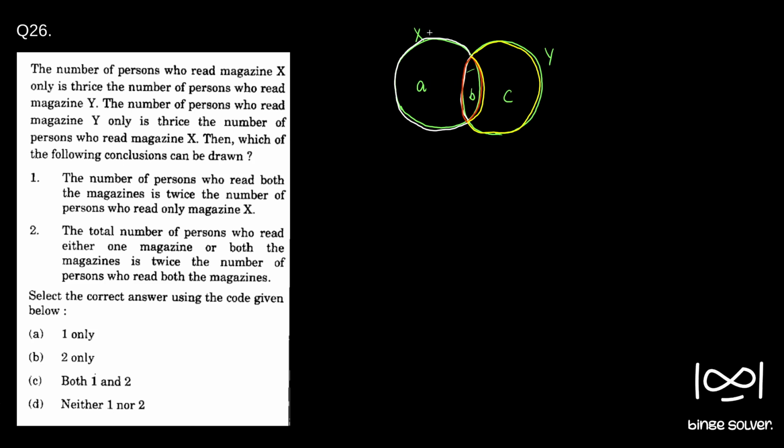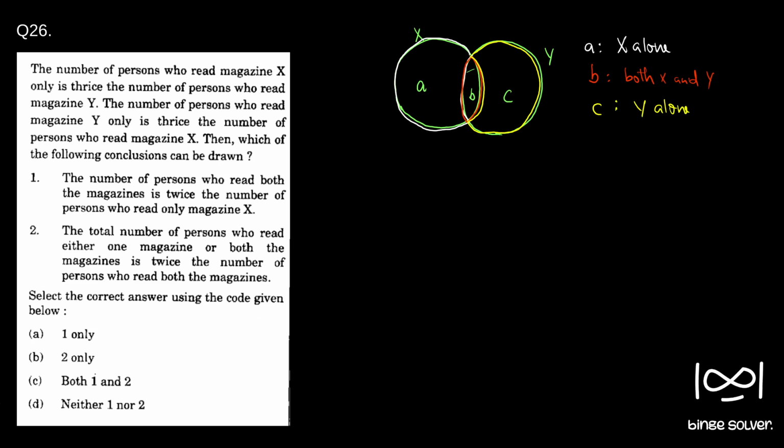B includes people who read both magazine X and Y. C is Y alone. So these are the regions.